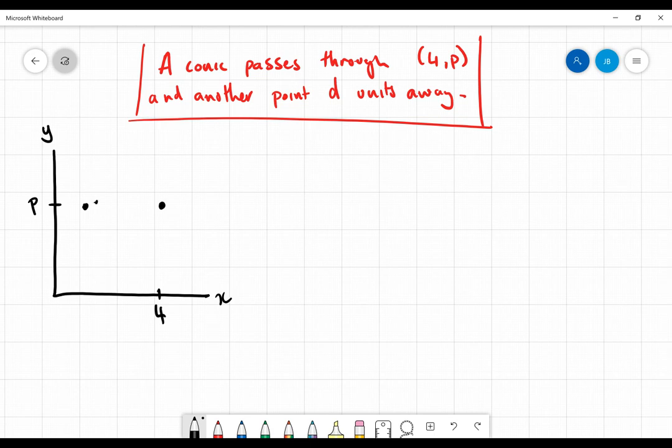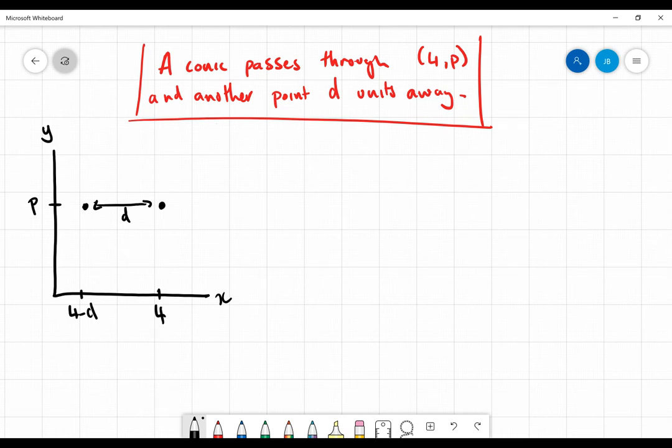So let's just say that distance there is D, and so if you think about it then, this point over here is going to be 4 minus D. But if I chose my other point to be up here, then that point here would actually be P plus D. But we're not going to do that. So as you can see already, the answers could be quite different depending on how you decide to tackle this problem.